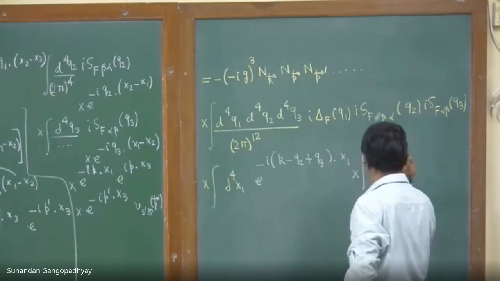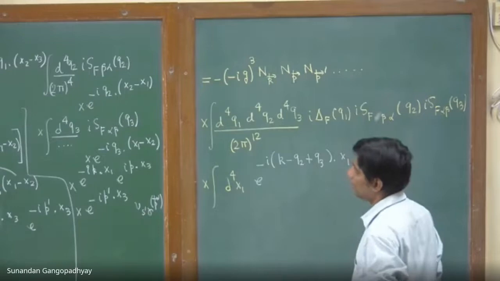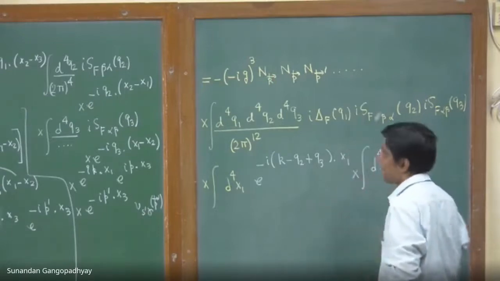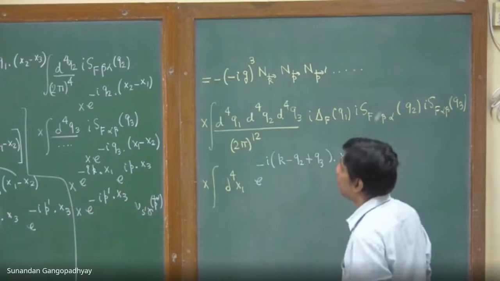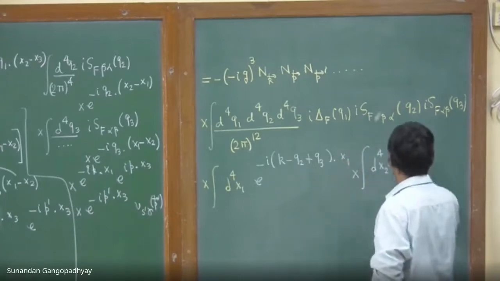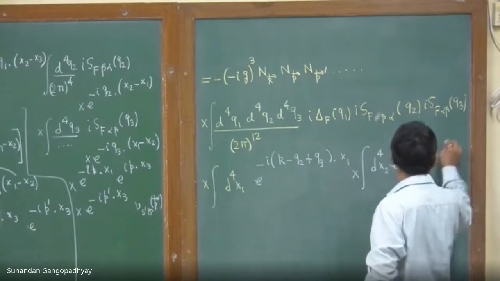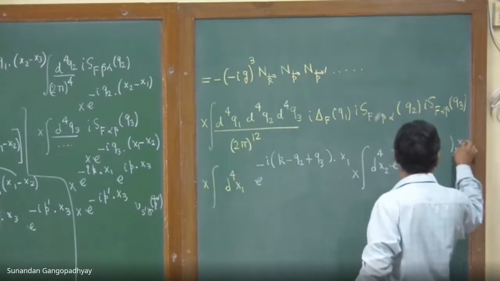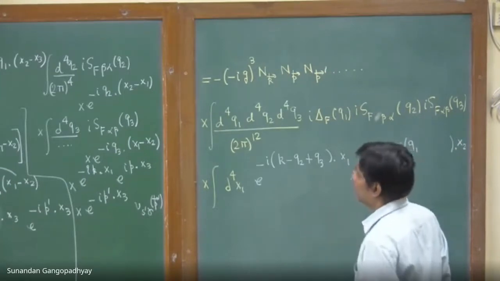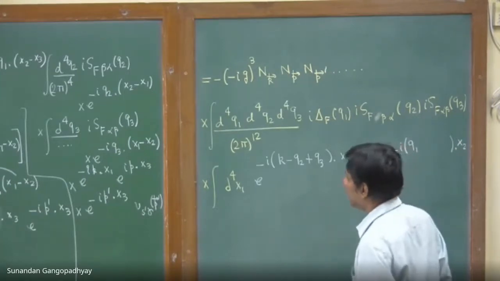So 4x2, minus I q1, x2. And there are the other x2s.